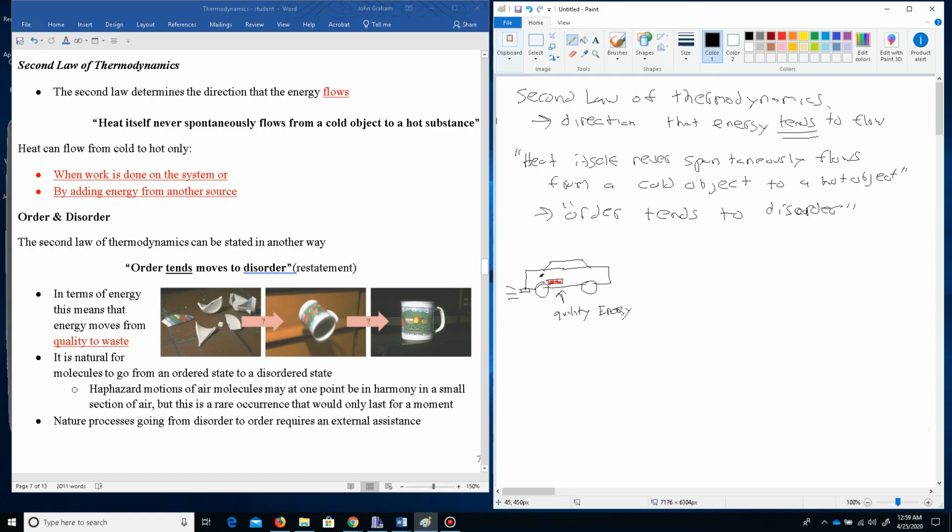Car starts to go, and you have your exhaust. This is wasted energy. The exhaust is energy that's not being used to move this car. Right? Some of this gas is used to move this car, others is not. This is why, if you think about it, certain cars have better fuel mileage than others.